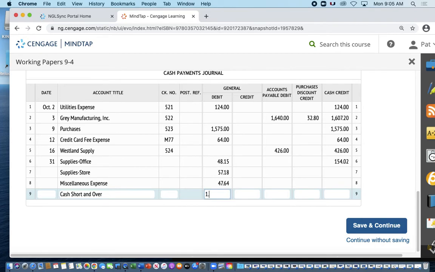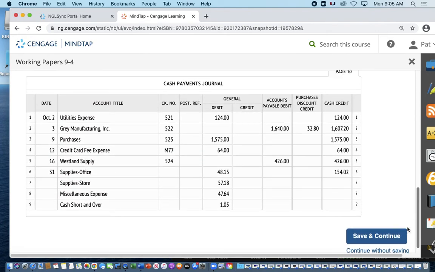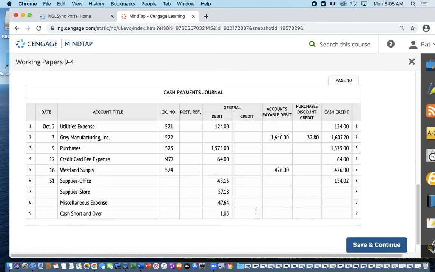And we know we're over or short $1.05. Short $1.05. And we got that from up here, right? If it's not a negative, if it's just a number that we need to add to replenish, it's cash short and it's a debit. If we needed to subtract, it would be in parentheses, we would pay less and it would be a credit.